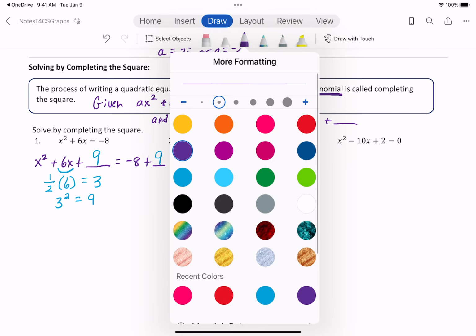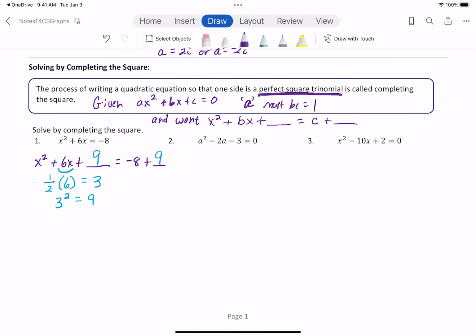Alright, so now we have a perfect square trinomial on the left. Remember, the first term has to be a perfect square, the last term has to be a perfect square, and the middle term has to be 2 times a times b. And that's what we have here. The reason that that's important is because we can take that shortcut that we learned for our next step.